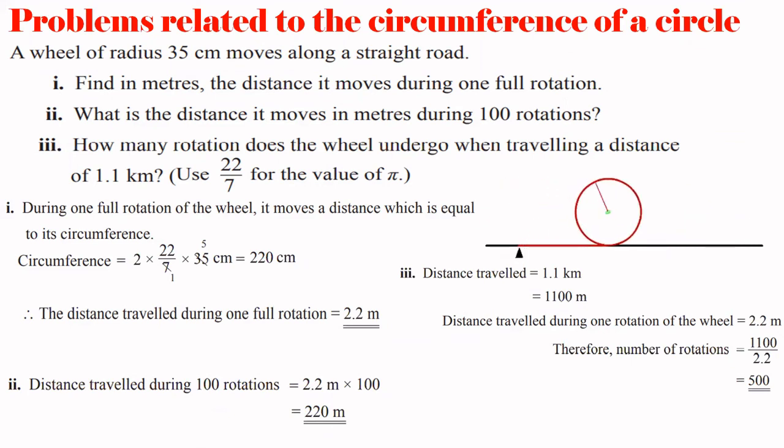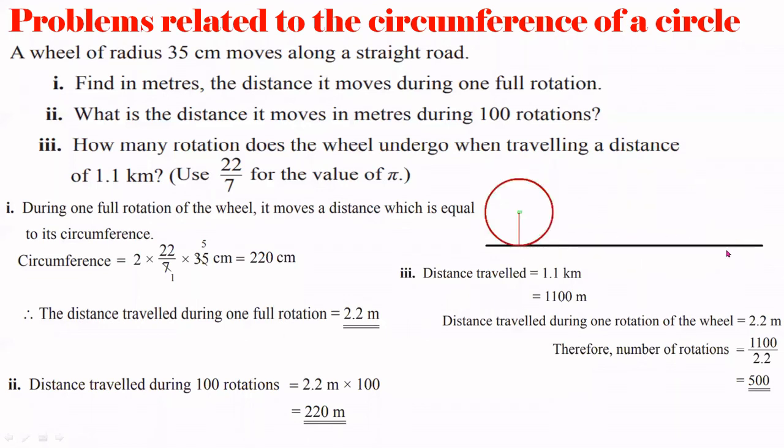Full rotation means when it rotates completely one round. Can you get the idea of a full rotation? Now let's see. This is the starting point of this radius. Rotate this way. Now this is the full rotation. So if you measure this distance from here to here, that is the distance traveled during a full rotation. This line moves this way and comes back to the starting position.